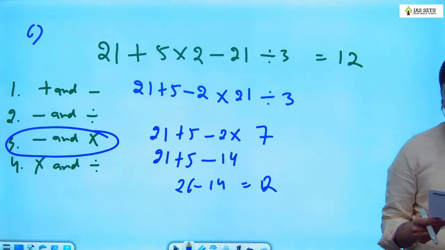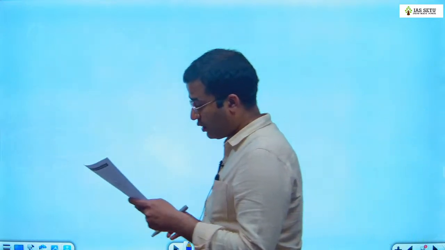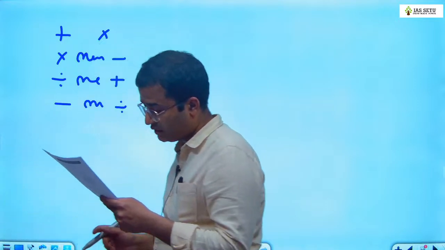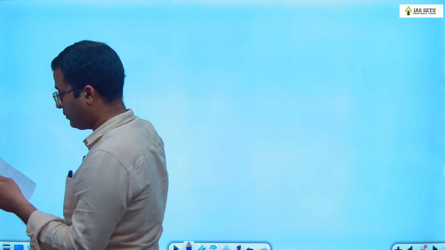Answer question number 9 also, no? If plus means multiplication, multiplication means minus, division means plus, and minus means. So you make a correction in question number 9 also. It is written plus means multiplication, that is okay.